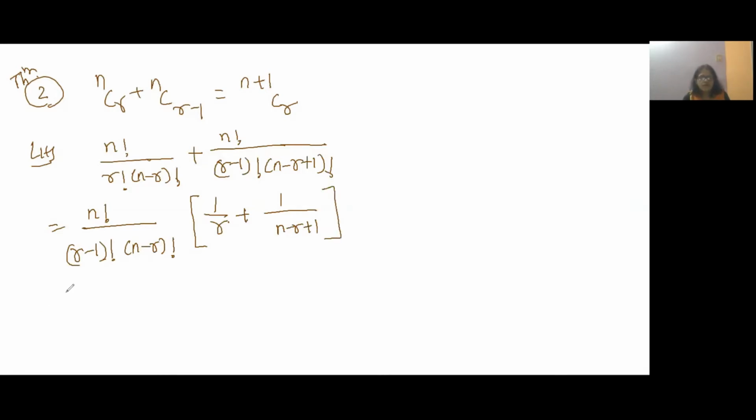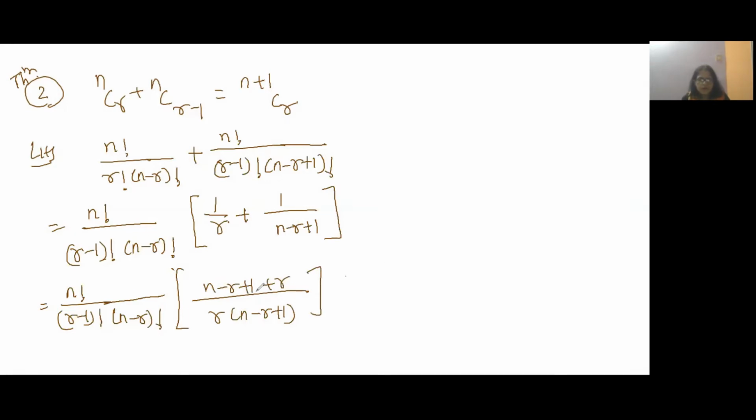So this is equal to n factorial over (r minus 1) factorial into (n minus r) factorial. Just write as it is. Now here r into (n minus r plus 1)... n minus r plus 1 plus r.